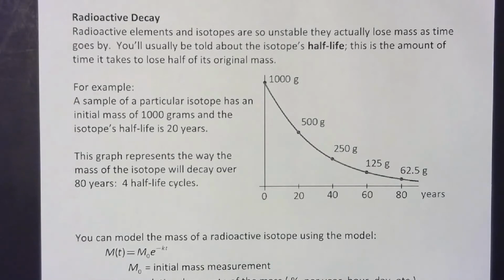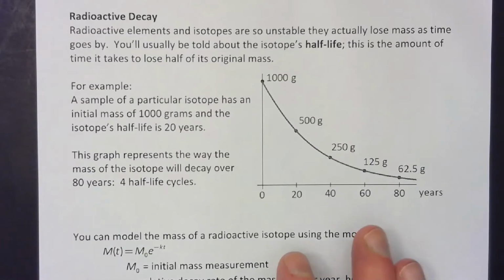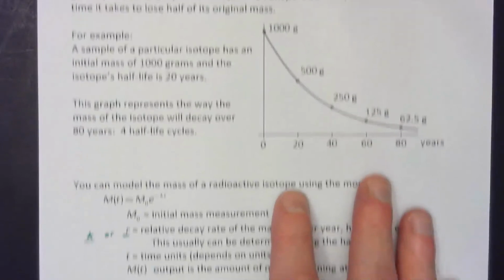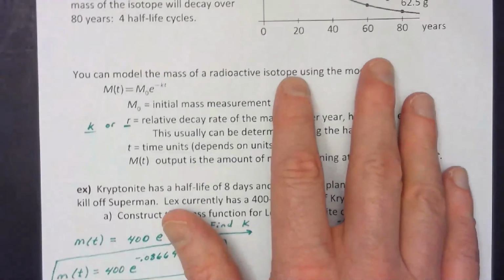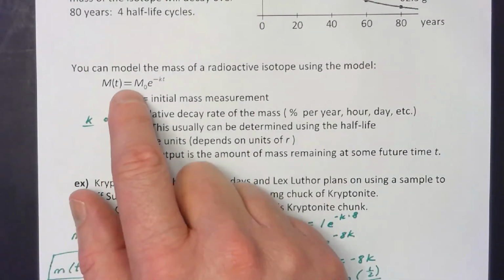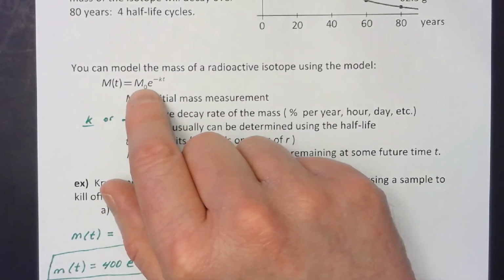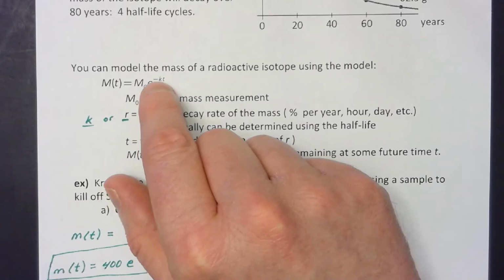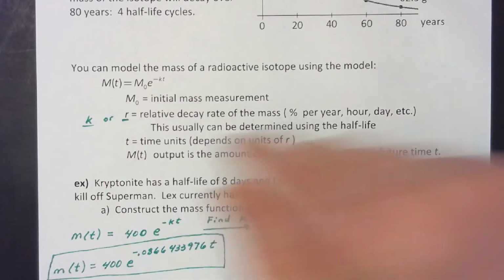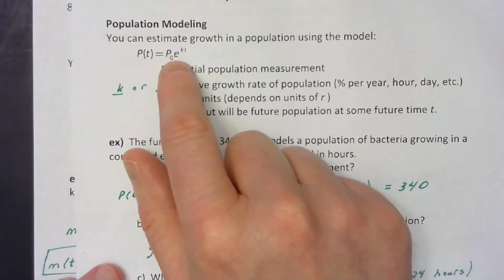So we're going to be finding formulas to represent this exponential decay, and our main formula is that you can say the model of any mass at time t is whatever the original mass is, times e to the negative k times t power. Now, this is just like the formula that we had here for the population growth.